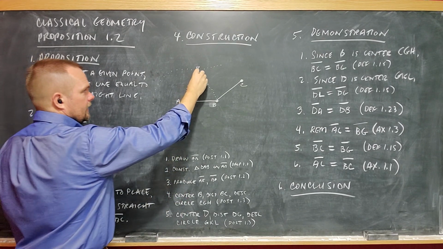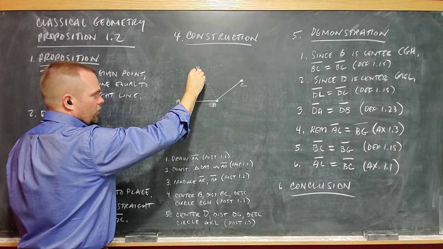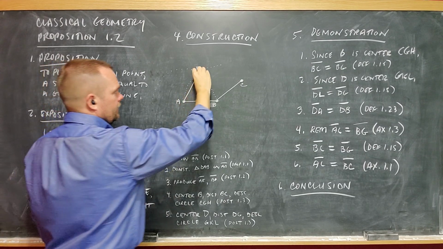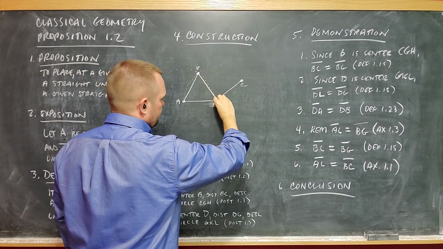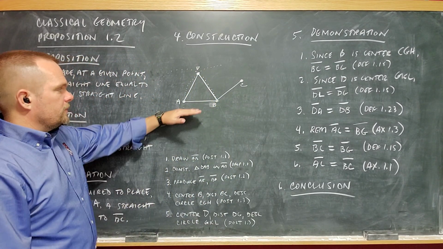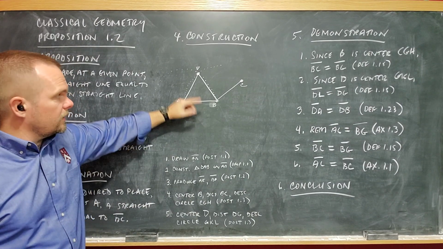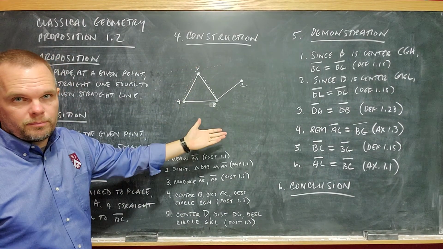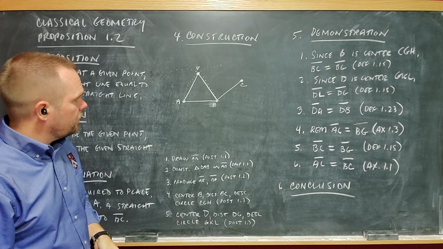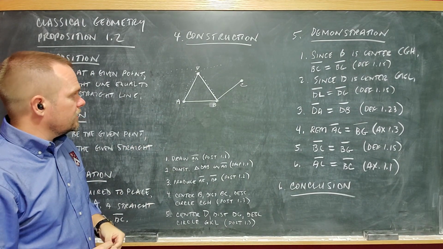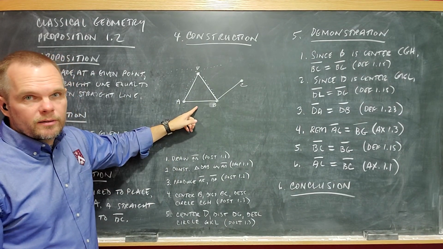And then we're going to connect these points, DA and DB. In proposition 1.1, we said we're allowed to connect those points because of postulate 1.1. What we've now done is construct an equilateral triangle.